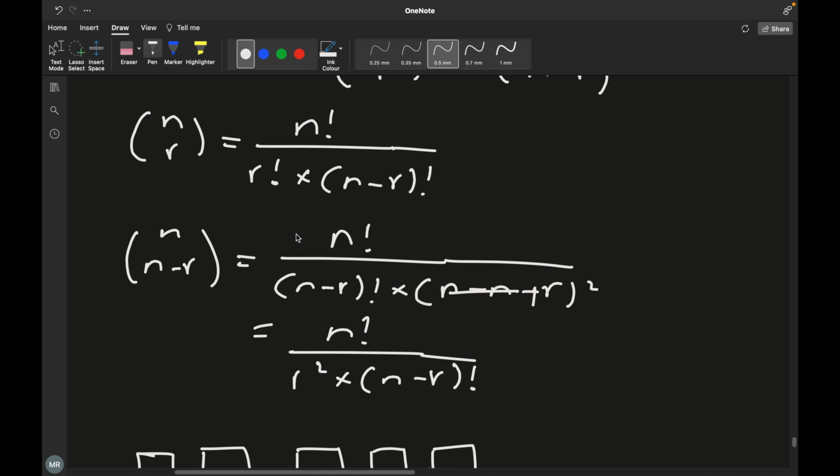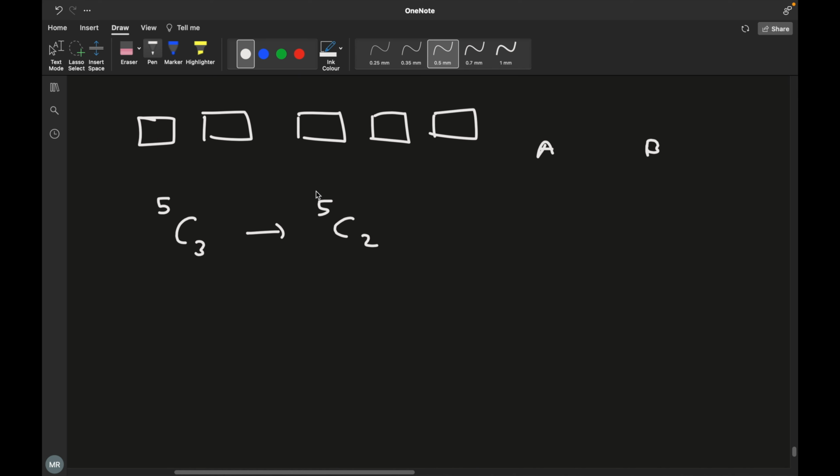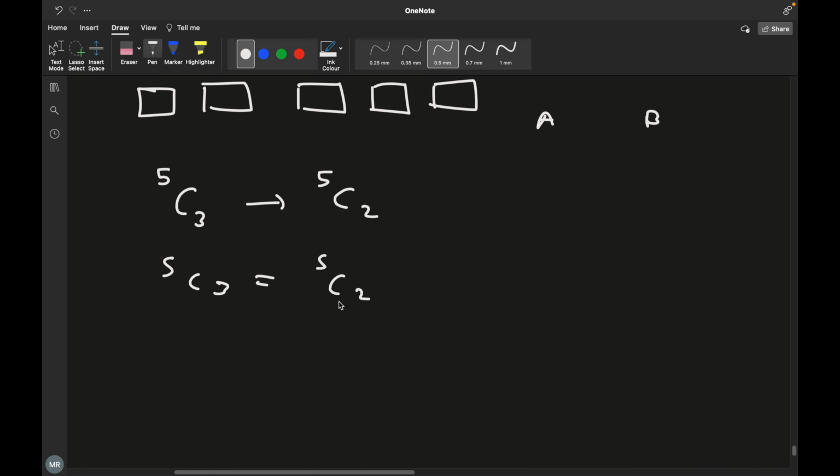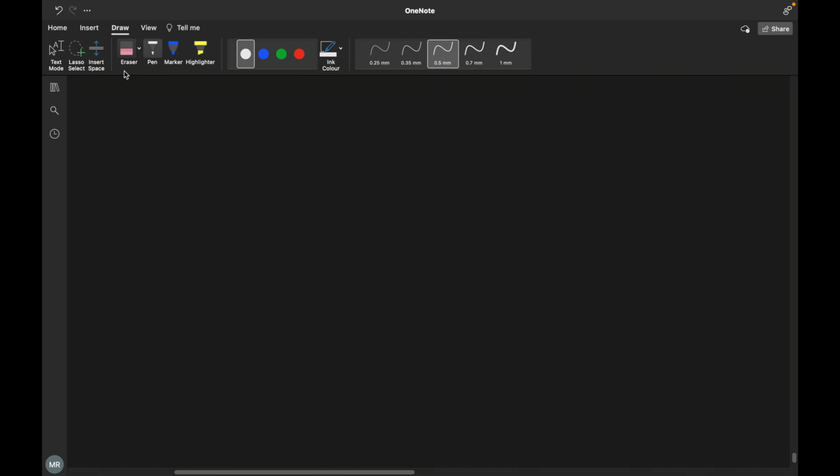That is why this is very important. So we know that 5C3 is 5C2. Choosing 3 from 5 things is the same as choosing 2 from 5. It's like choosing this, leaving this. That's the principle. I hope that's clear.